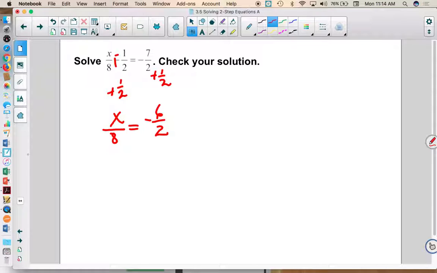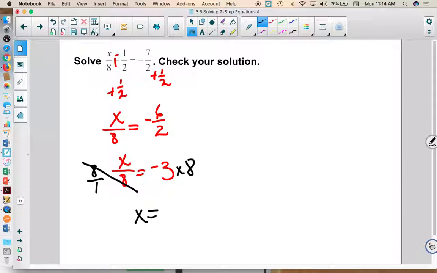Yeah. Because that's actually negative 3, isn't it? So x over 8 equals negative 3. Do we agree? Instead of dividing by 8, I need to multiply both sides by 8. These two cancel. X equals negative 24.